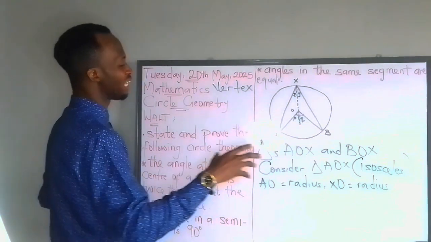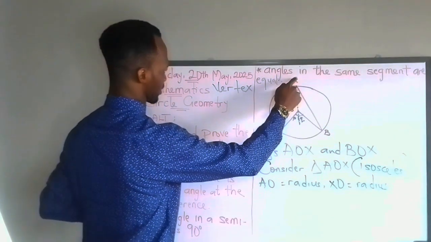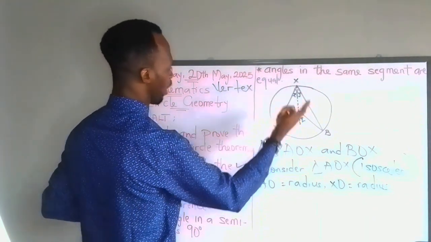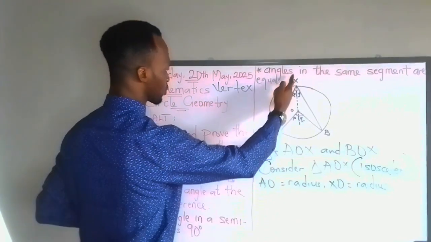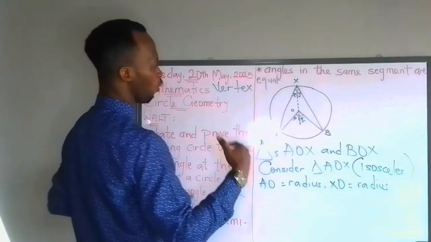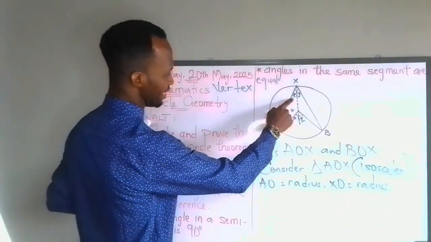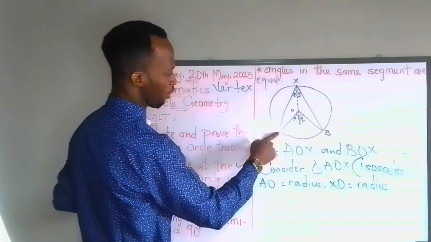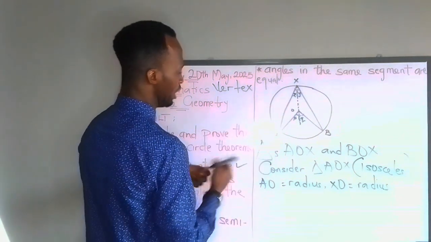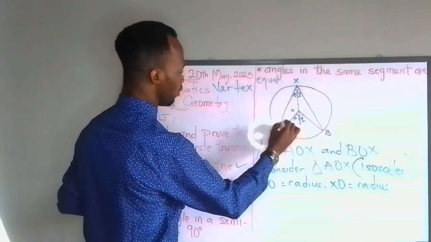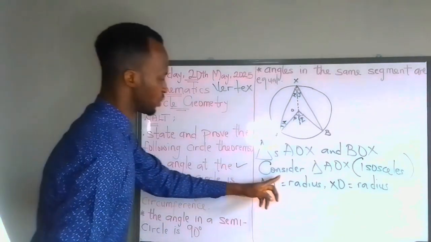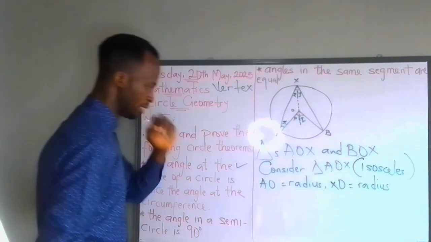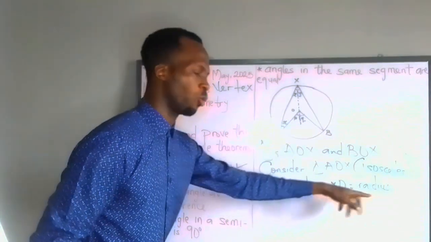Now, if you consider triangle AOX, where's the base? AX is the base. So where are the angles at the base? The angle at X and this angle at A. If this is X, that means this also will be X. So consider triangle AOX: AO is radius, XO also is radius.